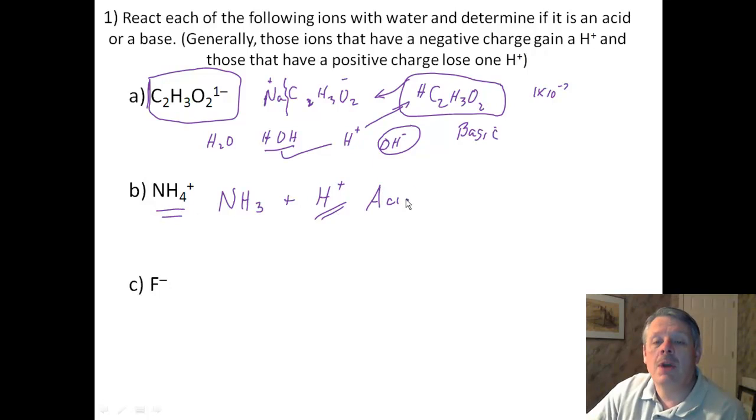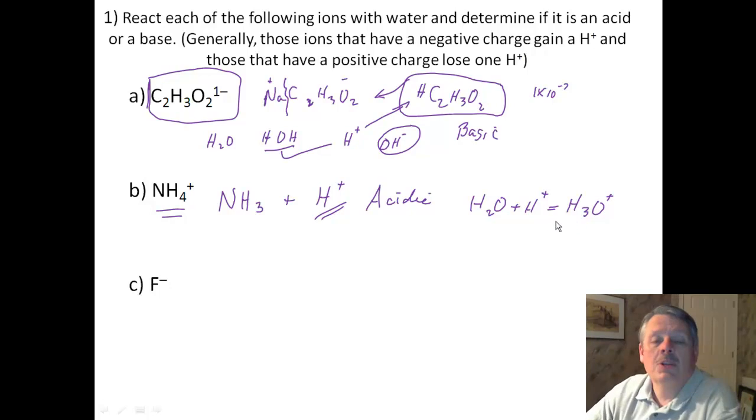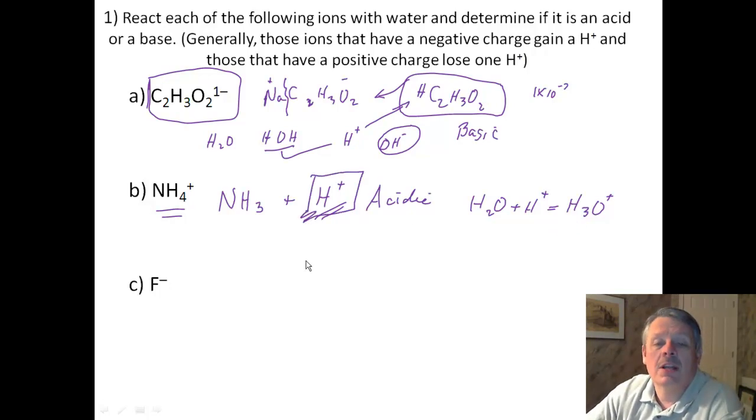So here you have an acidic solution. Now you could say, well, the H plus ions go and get together with the water, and that's often the way it's looked at, so it becomes H3O plus. But either way, it really doesn't matter which way you look at it. You're getting more H pluses in the water, and that's creating an acidic solution.